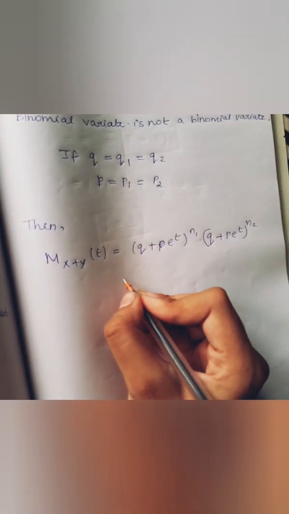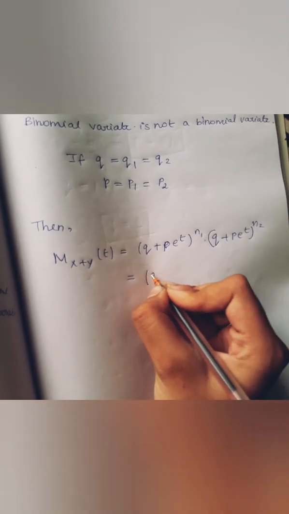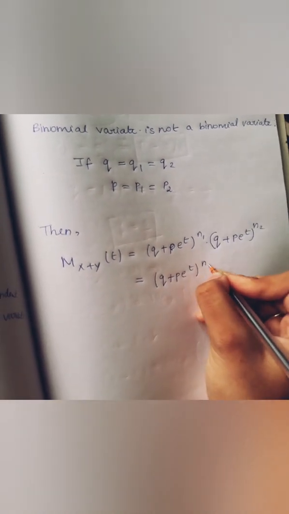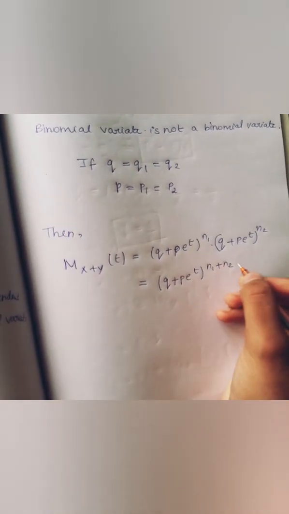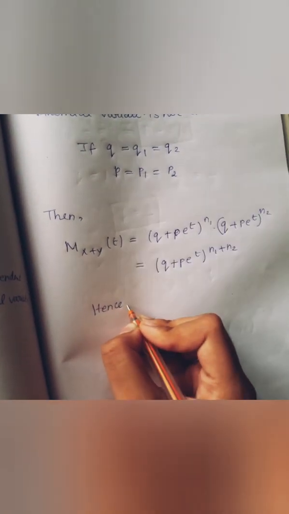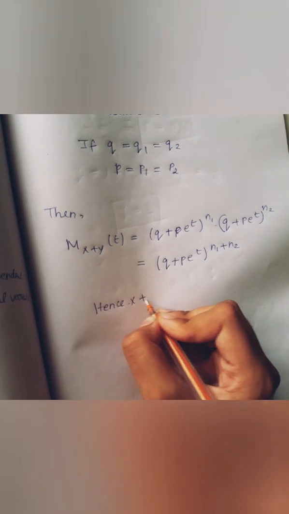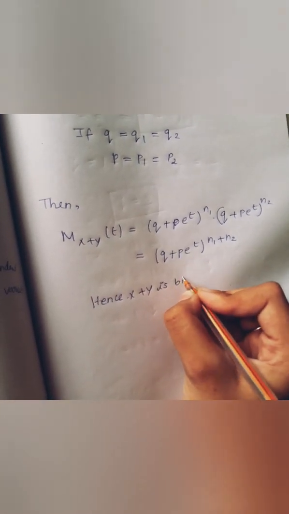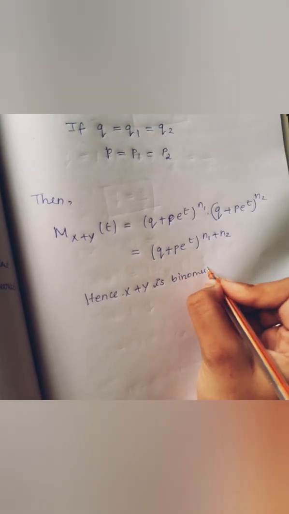So the base is the same, so the powers get added, (q plus p e power t) whole power n1 plus n2. Hence X plus Y is a binomial variate with parameters n1 plus n2 comma p.